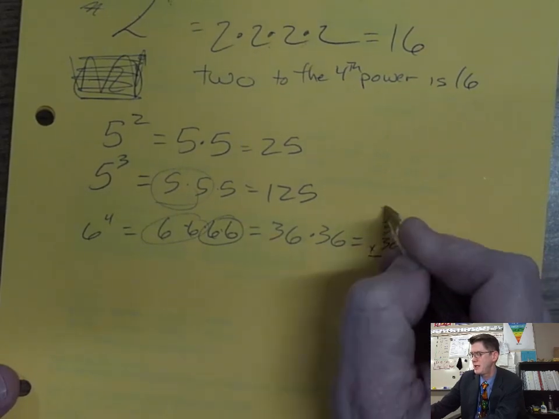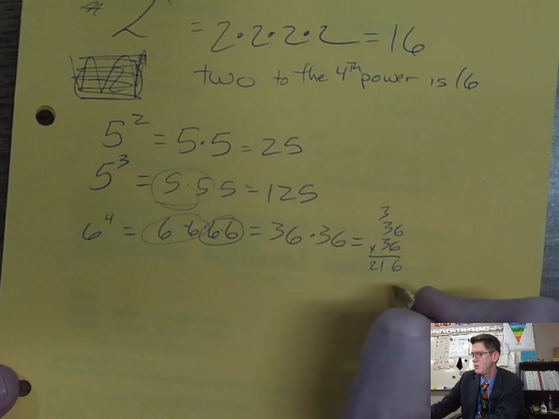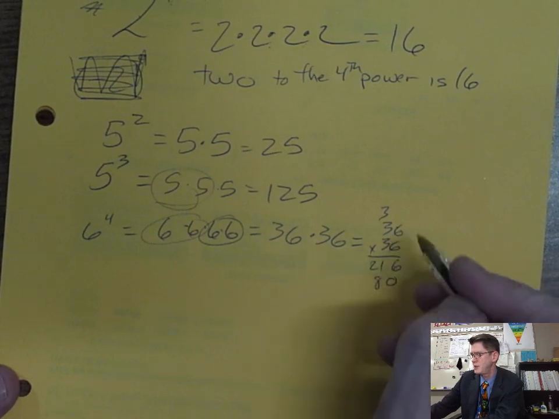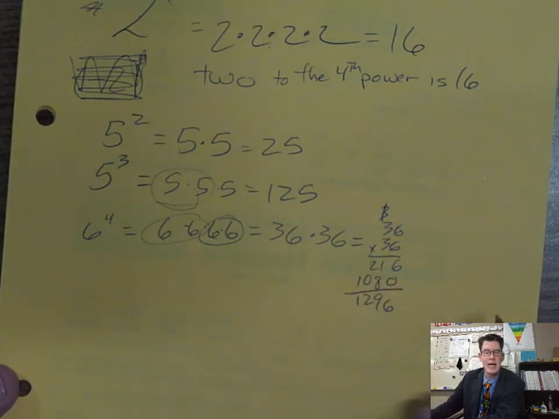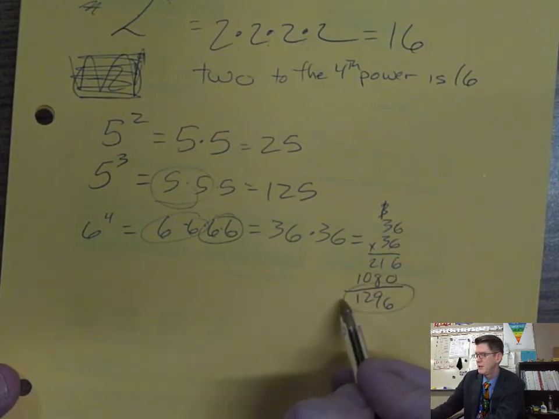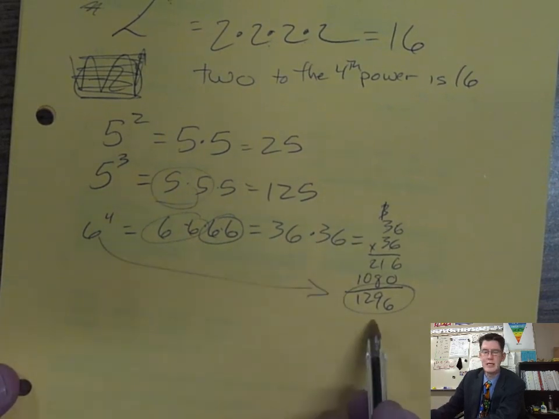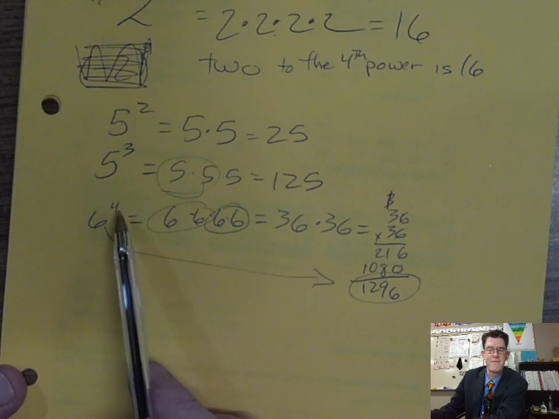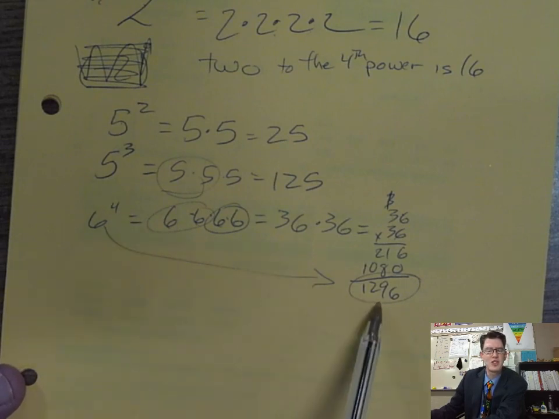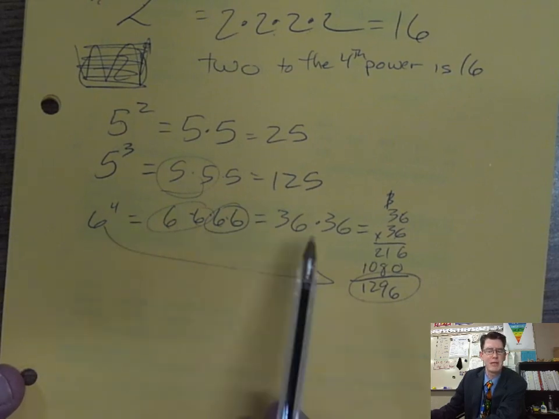It's 1,296. These numbers instantly get gargantuan. 6 to the 4th is not 24, it's 1,296 because you just keep multiplying by 6.